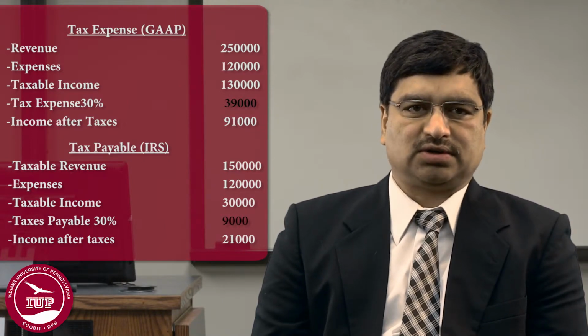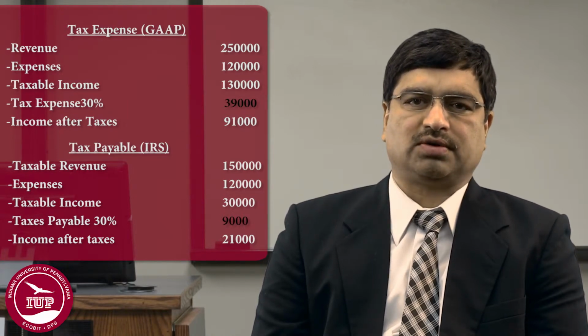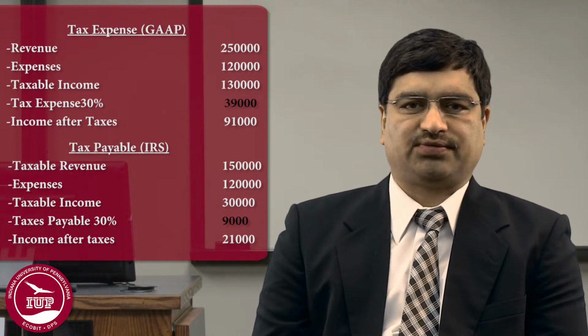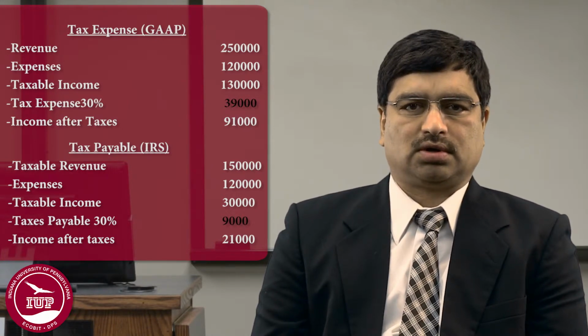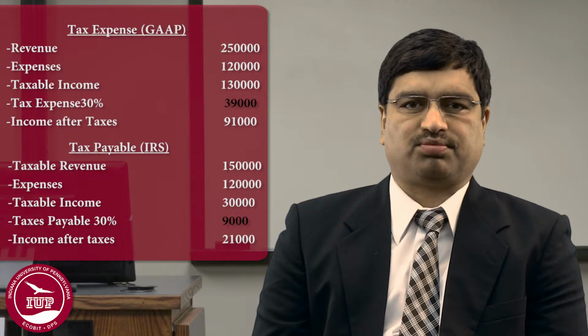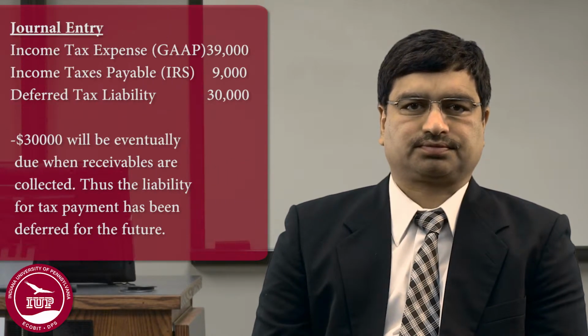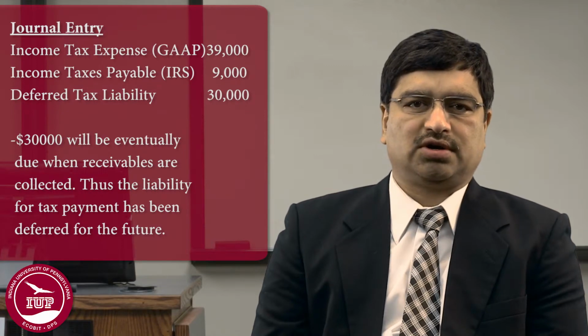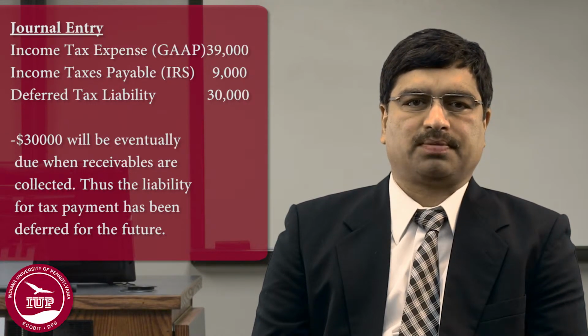That $30,000 will reverse over a period of time. So those taxes are deferred to the future and will be paid over the next few years, or next year, when those receivables are collected. So the journal entry based upon the computation that has been done: under GAAP, your income tax expense was $39,000 as we computed.